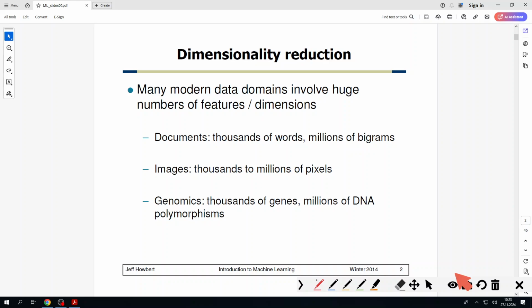You have a lot of pixels, and although the image itself is, we can say, three-dimensional, because you have a red color two-dimensional picture, a blue color two-dimensional picture, and a green color two-dimensional picture, in a sense the image itself is three-dimensional, but it consists of millions of pixels.